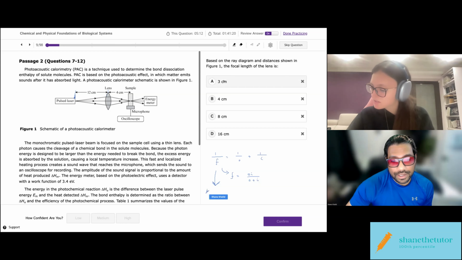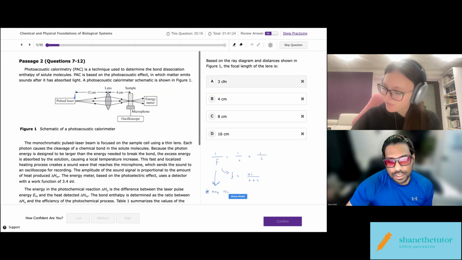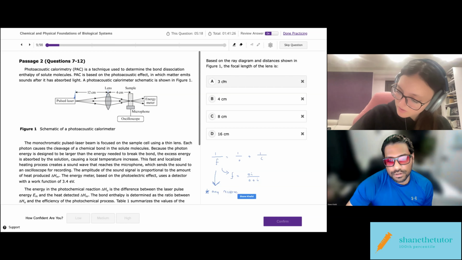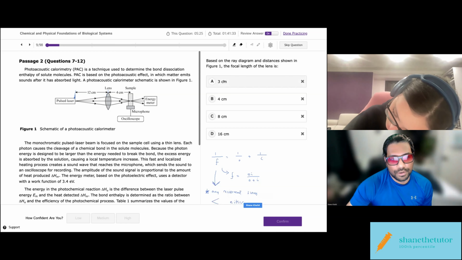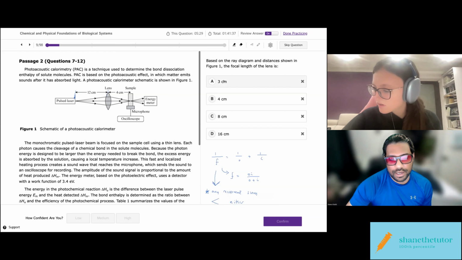But another way is that any reciprocal sum is less than either value.